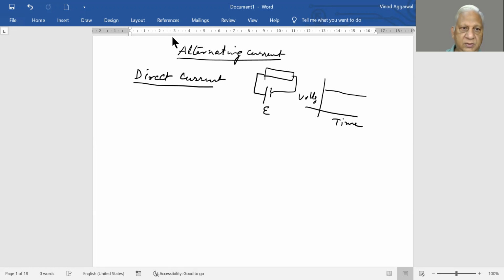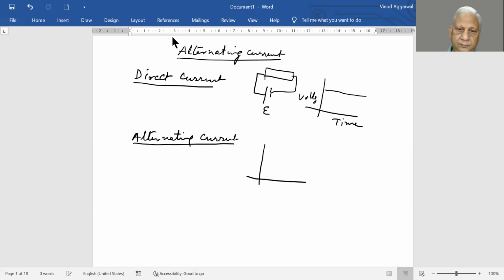As opposed to this, you have another type of current which is called alternating current. If you plot it against time, it is not constant, rather it is sinusoidal in nature.